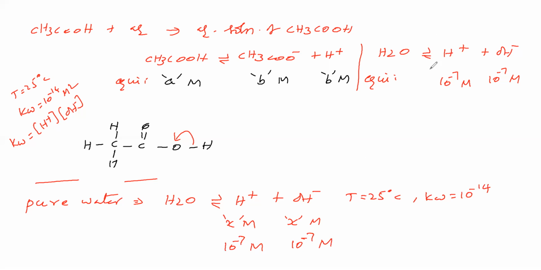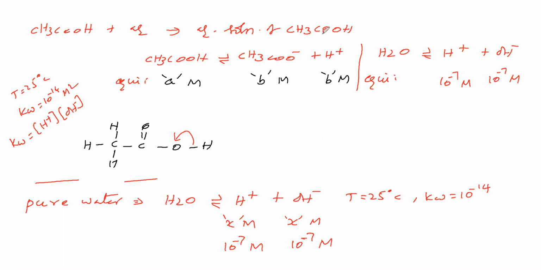Therefore, the species on the left and right sides are not different, so the equilibrium constant is certainly the same. So Kw for pure water is 10 power minus 14 at 25 degrees Celsius. Even for an aqueous solution of acid, Kw for this equilibrium is 10 power minus 14 at 25 degrees Celsius. There is no doubt in that.